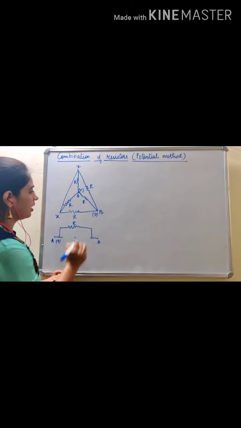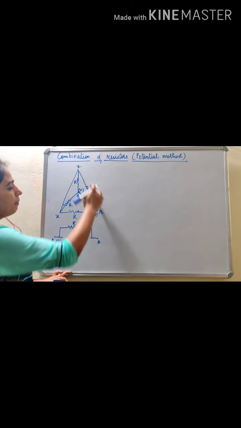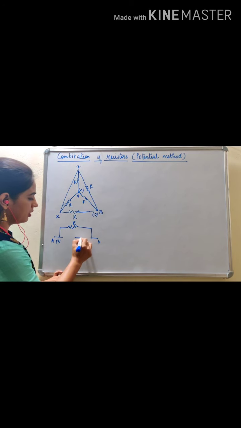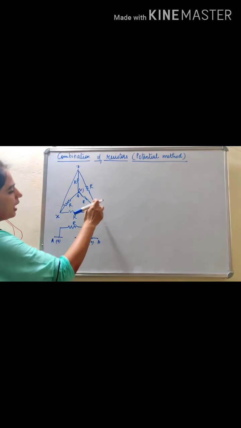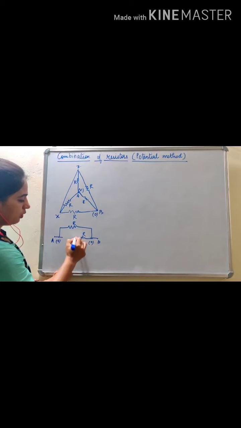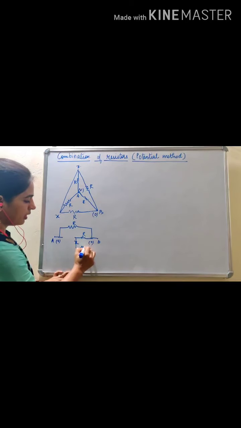Between V and 0 we have R. Between 0 and X we have R, and between 0 and X again we have R. So I can draw it like this. 0 and X again we have R.